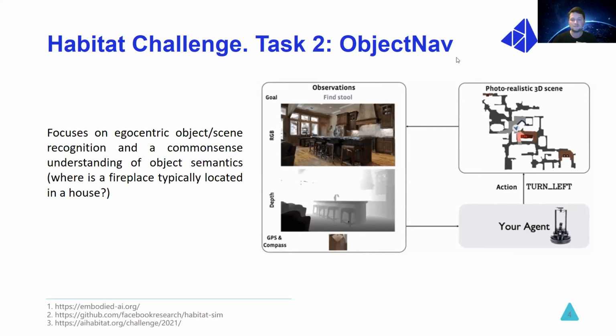The type of questions asked in this challenge are quite simple. But if we extend these ideas about the navigation of an agent in the environment with more complex questions and a more complex reasoning engine, then we can arrive at something that's called embodied AI.